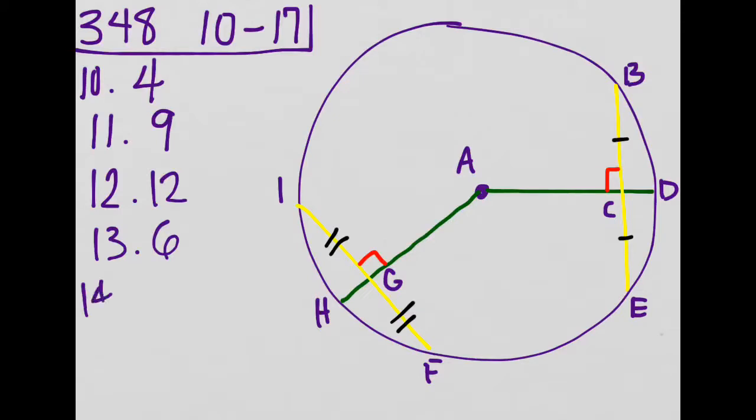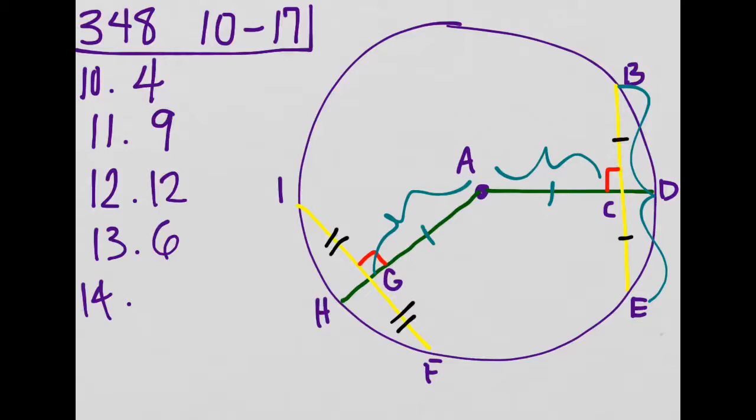Okay, number 14. Find BE, this whole distance here, if AG and AC are congruent. We love when that happens. If this is congruent to this section right here, then we know the chords have to also be equal. If they're equidistant away, they've got to be congruent.